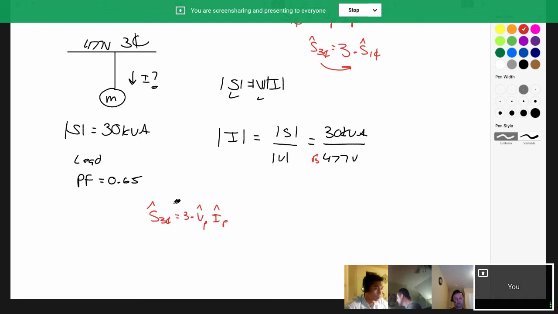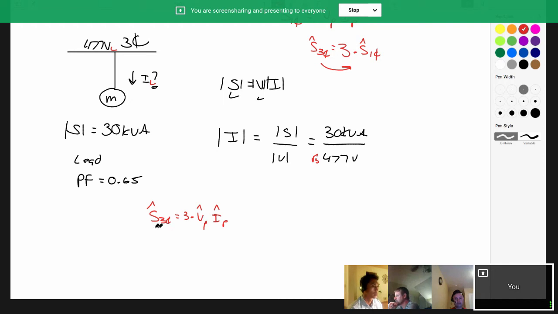Now, regardless if it's a delta or a Y, we need to convert these. Is this my phase or my line current? Line. Is this my phase or line voltage? Line. So we have to go from phase to line values, right?